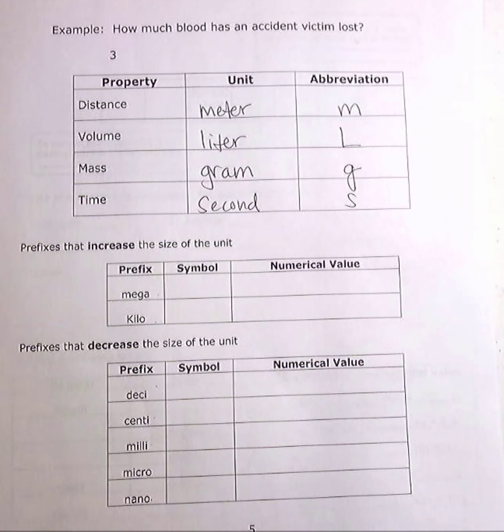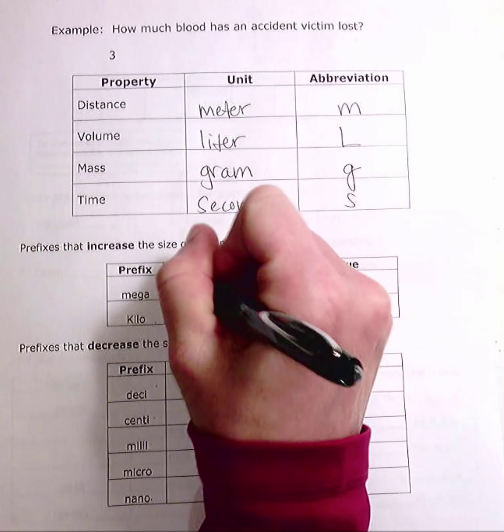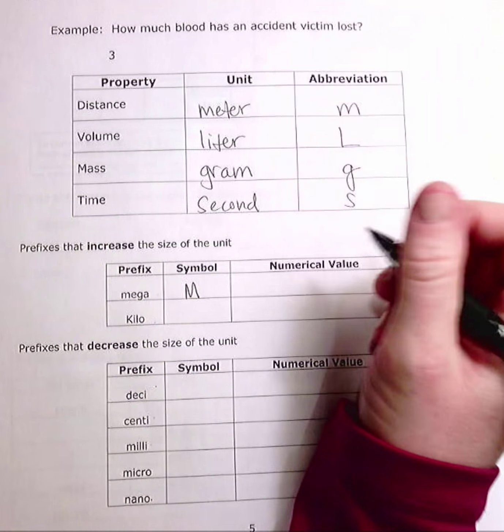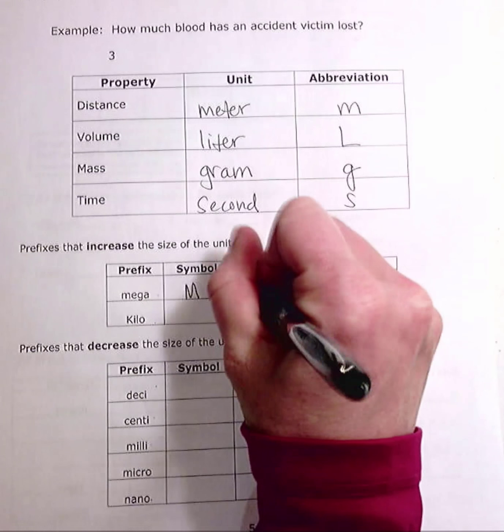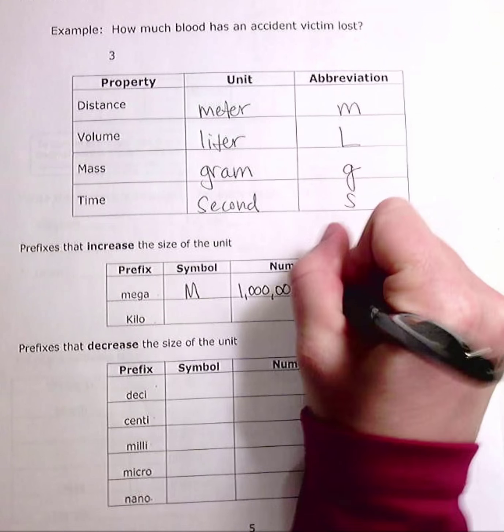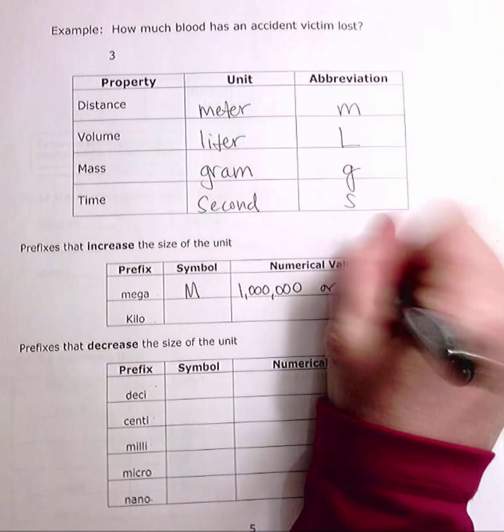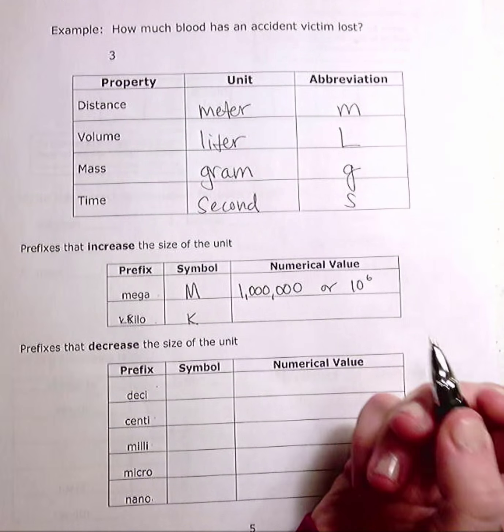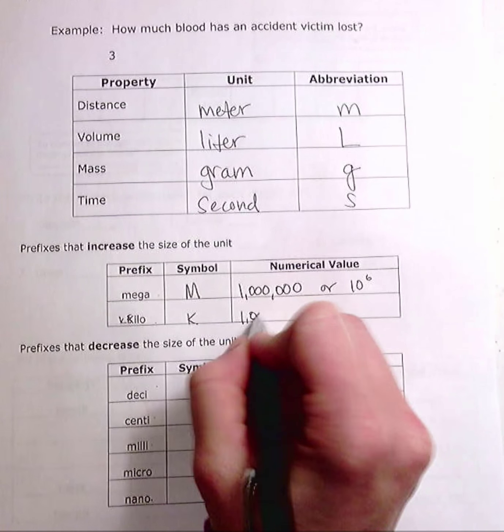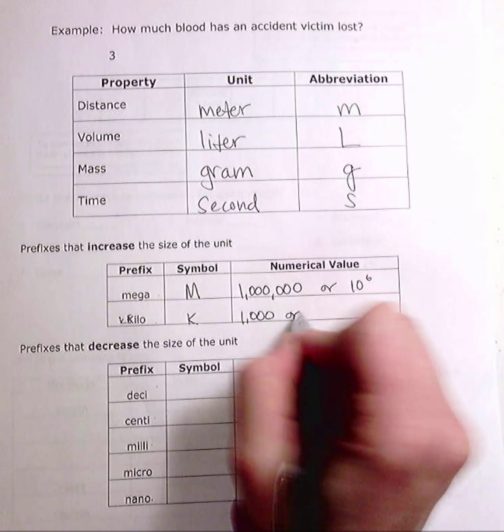So the prefix mega has the symbol capital M. The numerical value is 1 million, or 10 to the power of 6. The prefix kilo, this should be a lowercase k, is a lowercase k. The prefix multiplier is 1,000, or 10 to the third.